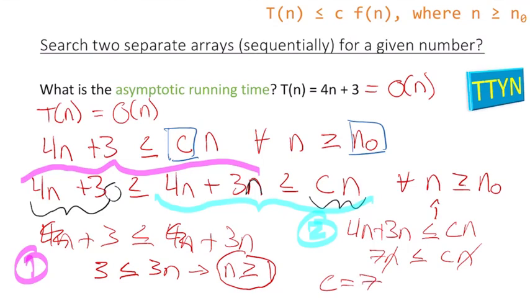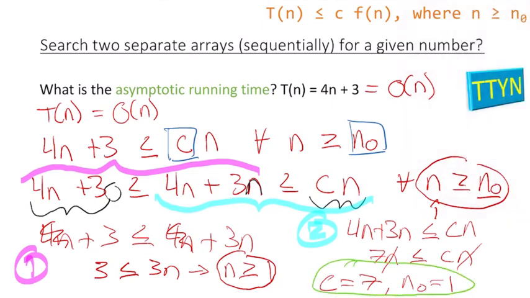This is also conditioned on n being greater than or equal to 1. So n is greater than or equal to, well, it has to be 1, so n naught we might as well use as 1. So there's our proof. We know that 4n plus 3 is big O of n because we found a constant c equals 7 and a constant n naught equals 1 that satisfies the inequality.